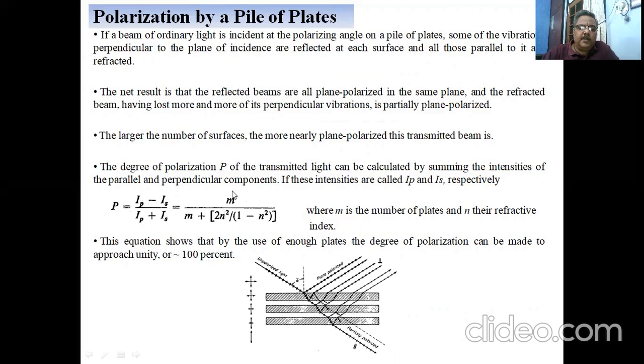And M is the number of the plates and N is the refractive index of the plates. Since all plates are made of the same material, the refractive index will be the same. So this is the polarizability. And we can approach about 100% polarizability by using this method.